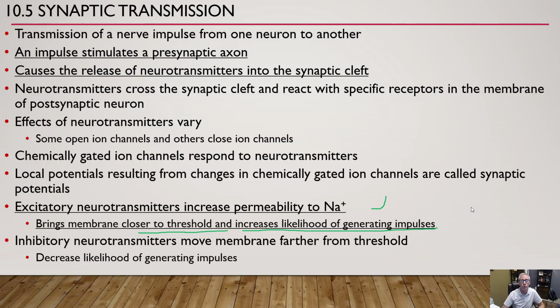Inhibitory neurotransmitters move that membrane farther away from threshold. So our action potential would actually go this way. We would go from like -70 down to -90, -100. So it decreases the likelihood of generating impulses.